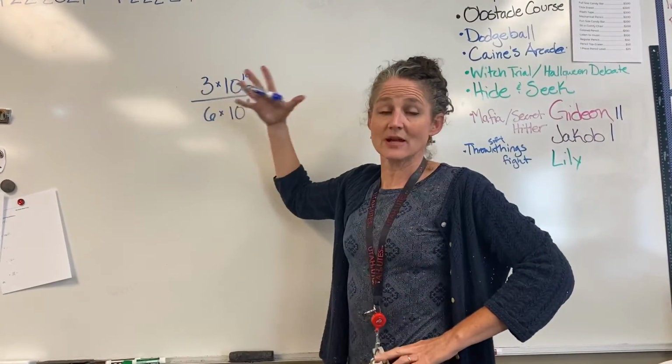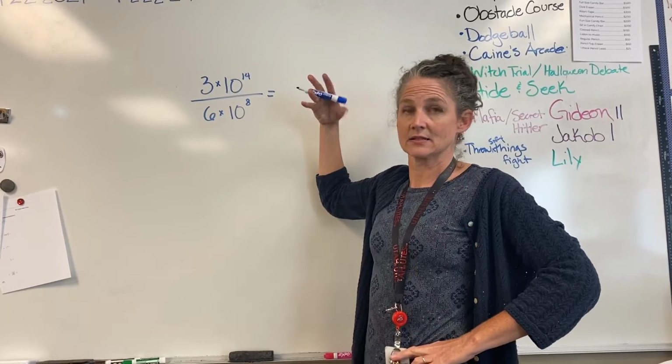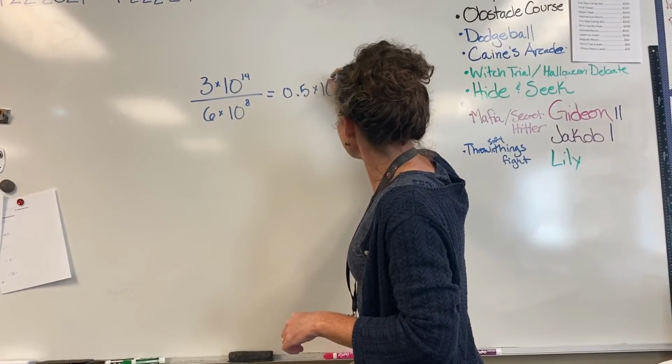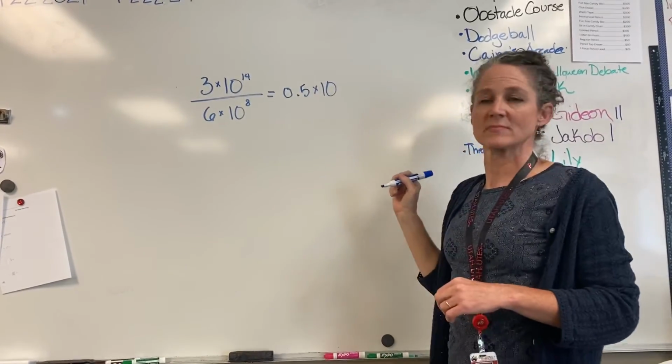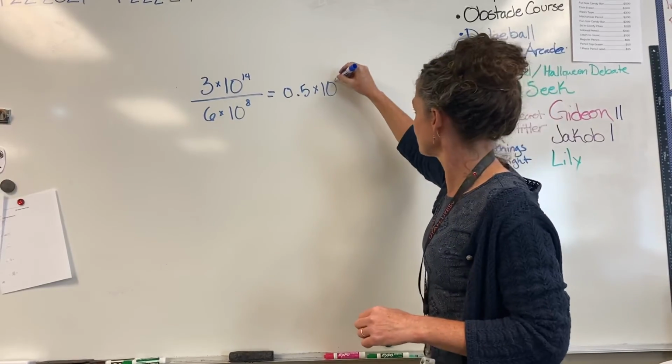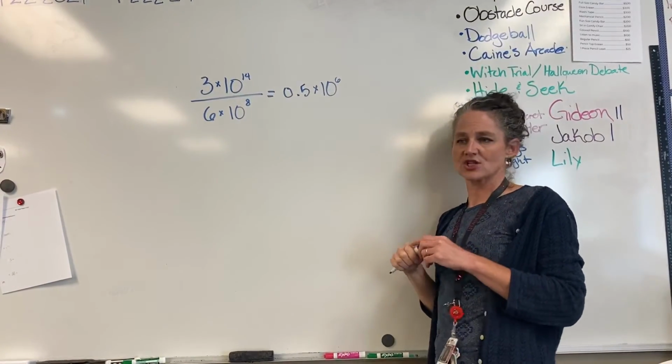We divide the regular numbers. What's 3 divided by 6? 0.5. 0.5 times 10 to the what? 14 minus 8. 14 minus 8 is what? 6. Is this in proper scientific notation?